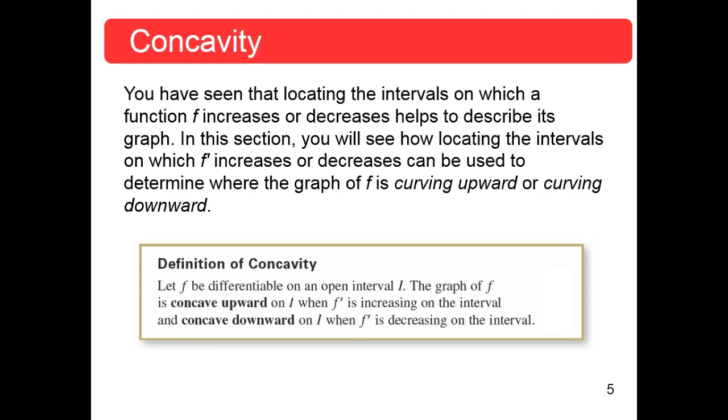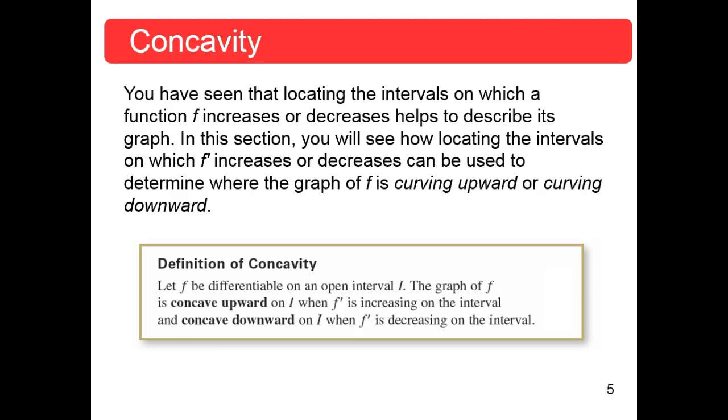So here's the definition of concavity. Let f be a differentiable function on an open interval I. The graph of f is concave upward on I where f prime is increasing on the interval. Now what does that mean? We know what it means for f prime to be positive: the function is increasing. But for f prime to be increasing, if the slope here was slightly positive, the slope would be getting more positive all along.